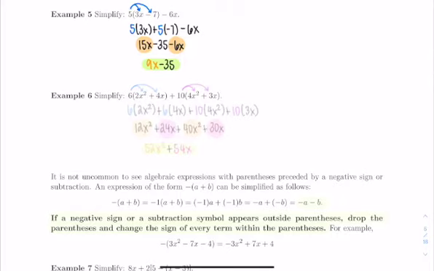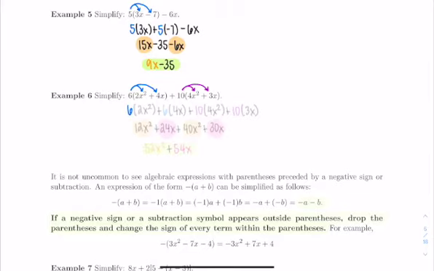Let's try something a little bit more complicated. We want to simplify 6 times (2x squared plus 4x) plus 10 times (4x squared plus 3x). So we need to distribute both of these so we can drop the parentheses. So we're going to distribute the 6 to both pieces, and we're going to distribute the 10 to both pieces.